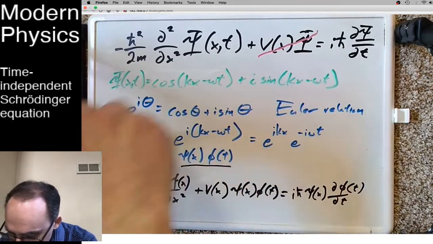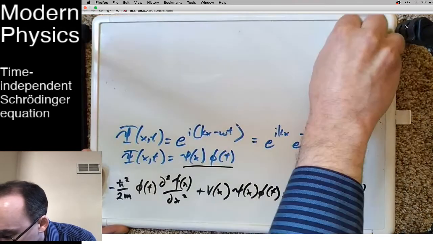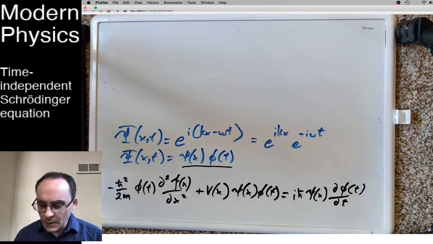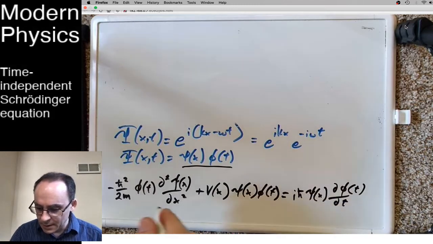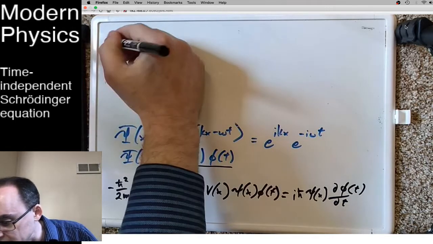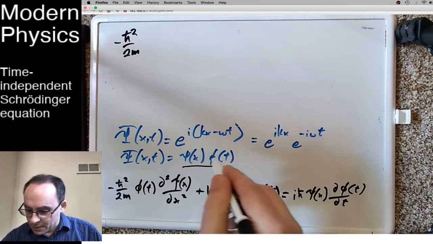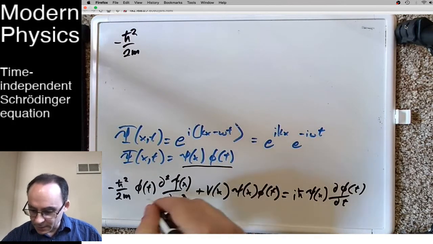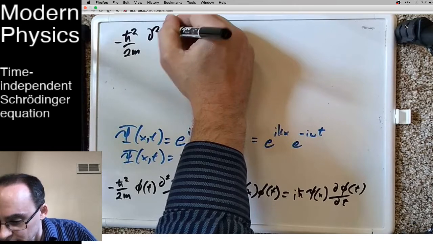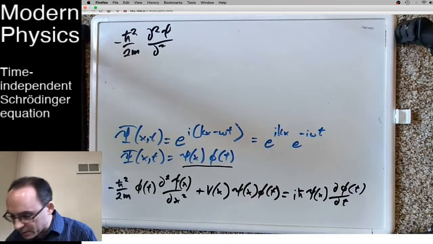So I'm going to erase this part and just keep that, and come back up to the top here and just say I'm basically dividing by this entire space and time part of the wave function, because then what it looks like is that I get the minus h bar squared over 2m. When I divide by psi times phi here, the time part cancels, and I just get d squared psi, I'm not going to write it as a function of time, dx squared.